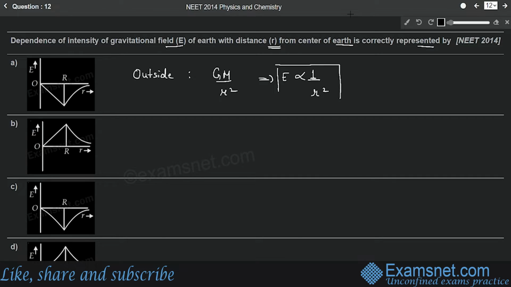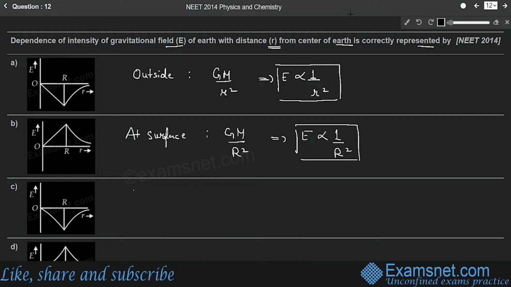Now, what about the surface of the earth? At the surface, this distance becomes equal to the radius. That means the gravitational field will be equal to GM upon capital R squared, where R is the radius.